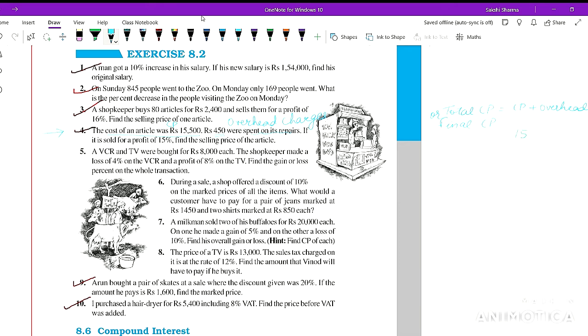So in this case, the CP of the article becomes 15,950 rupees. After that, there is a profit of 15%. You want to find out the selling price. We will be using the same formula we used in the previous question.